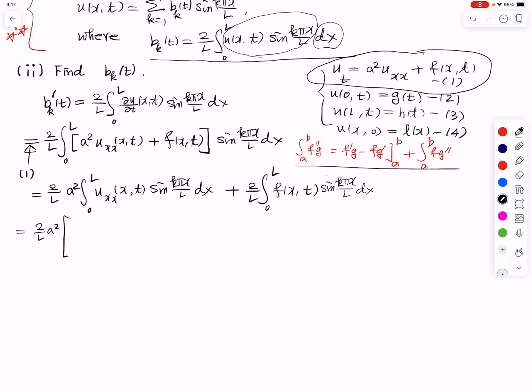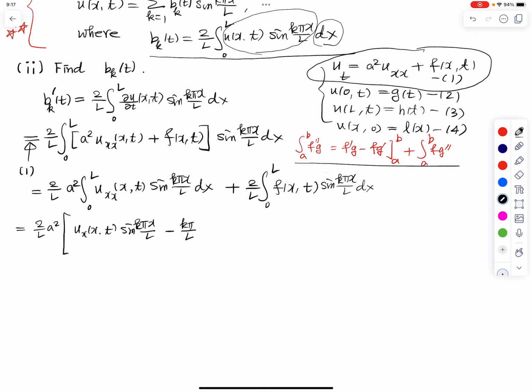So this is u_x(x,t) sine(k pi x divided by L) minus u_x(x,t) times the derivative of g, which is k pi divided by L, cosine(k pi x divided by L), evaluated from 0 to L. Let me put coefficient outside.